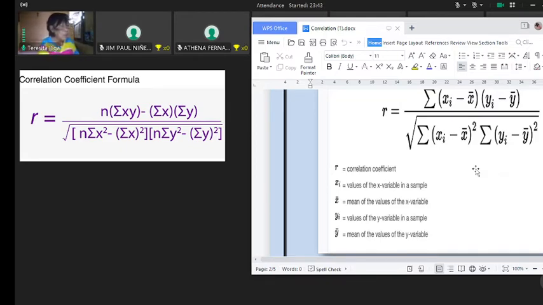Okay, you can see the graph of the correlation coefficient. It is used to find how strong a relationship is between the variables.